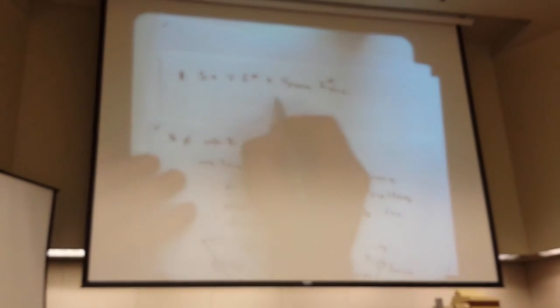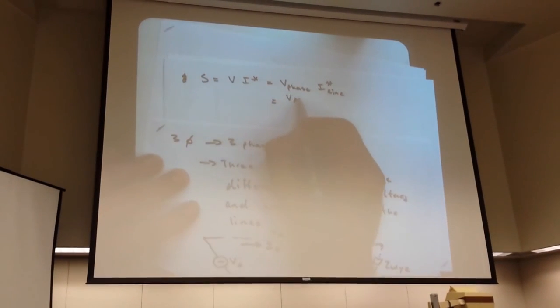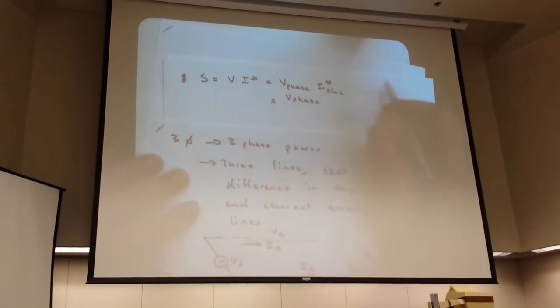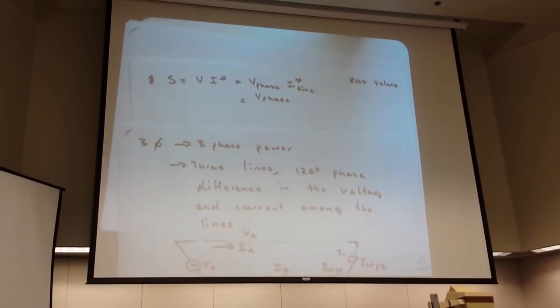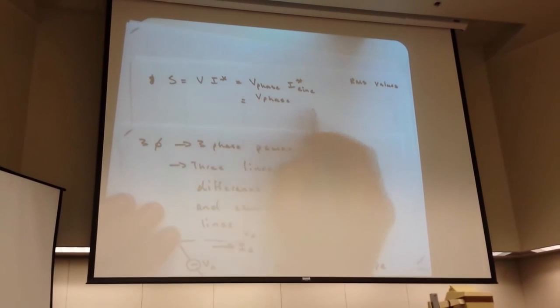Or alternatively, we can write this as V phase, and let me put a little note in the corner, RMS values. If you want, we can put a little 1/2 in front and call them amplitudes. Z Y conjugate.